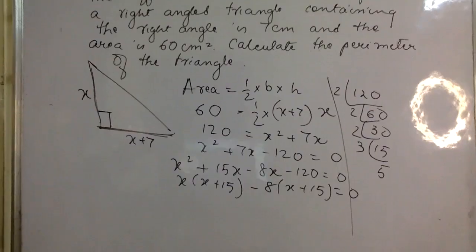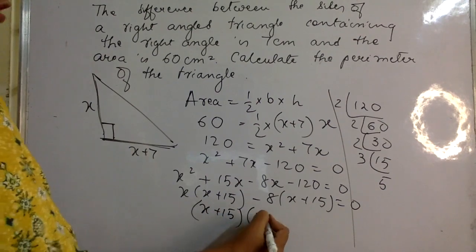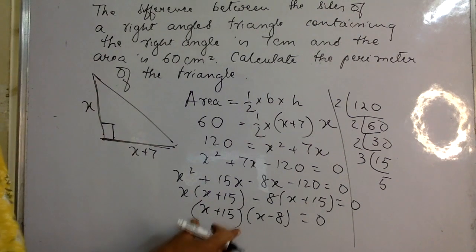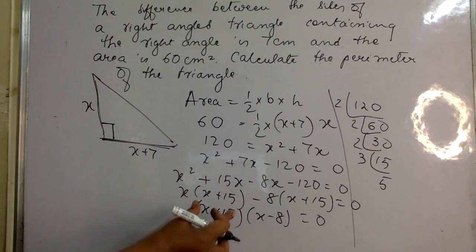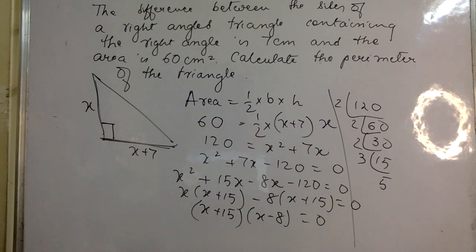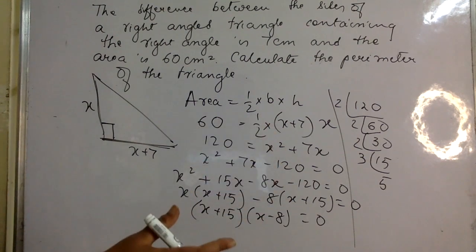Now here you will note, see there are small things to learn in every sum. So x minus 8 is equal to 0. Even if you don't know quadratic equation, you can see one thing for sure, that something has been multiplied with something else to make a 0. So either this was 0 or that was 0, that is why the product is a 0.